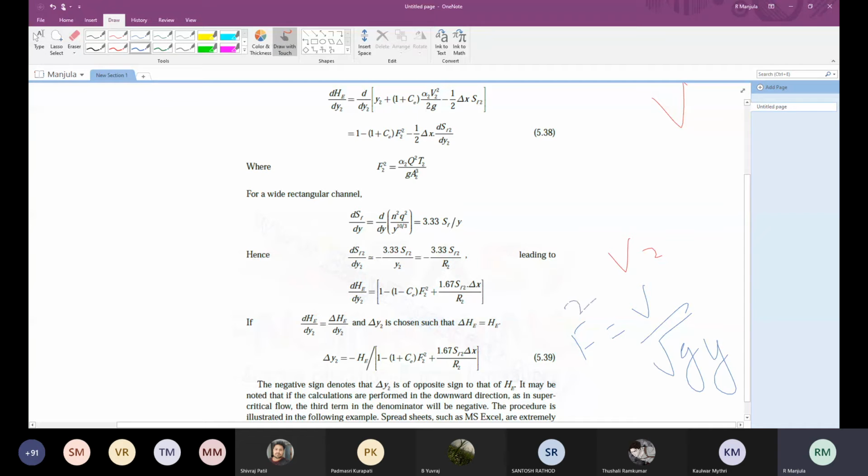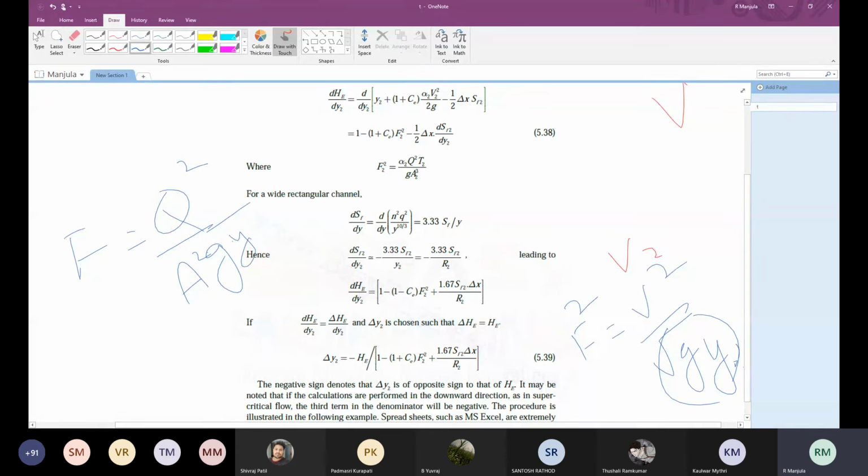If I am squaring this, it will be v square by gy, and for y you are going to substitute the normal depth. So for v you are going to substitute q square by a square, into g into y.